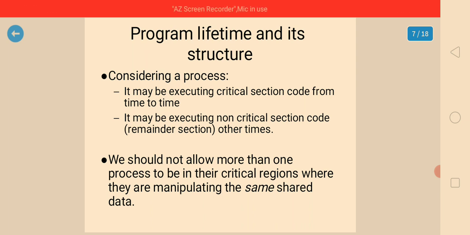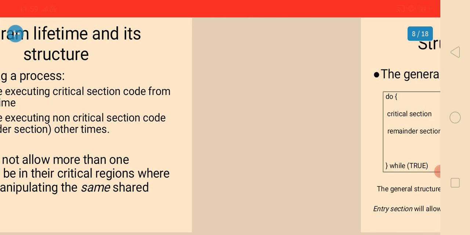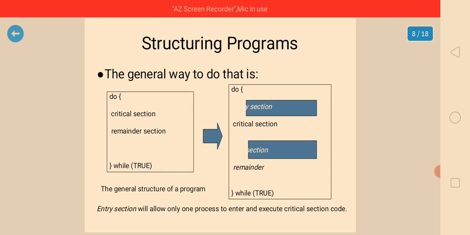We should not allow more than one process to be in the critical section region where they manipulate the same shared data. So here we only allow one process in the critical section. So this is the structure of how this critical section works. The general way to do that is: do, critical section, remainder section, while true.